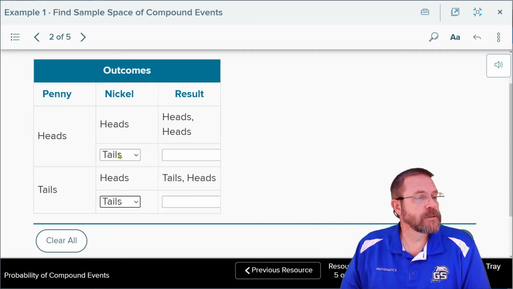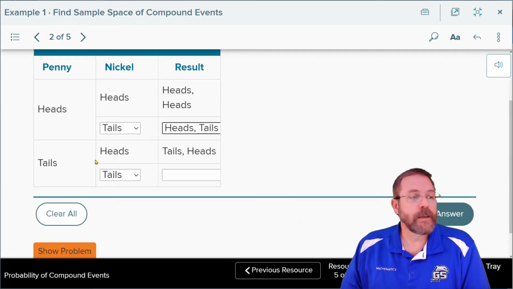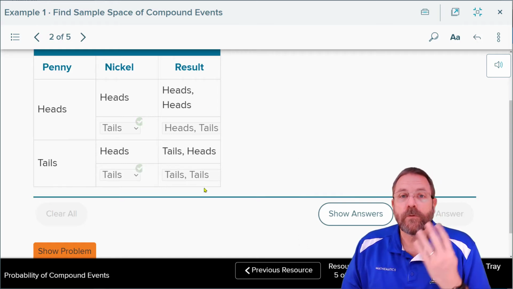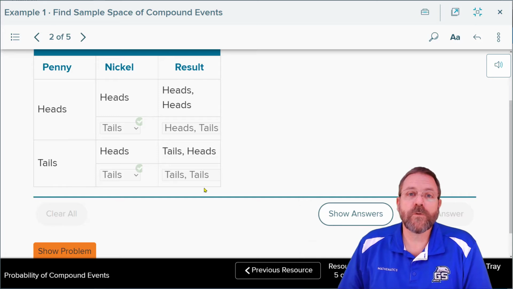Or you could have heads, tails, which gives you heads, tails right there. You could get a tails, heads, which you see as tails, heads right here. Or you could get a tails, tails, which gives you tails, tails right there. Check your answer. That is one really good way of doing it. Making a table. Your sample space is going to be your results outcome. There's 4 possible results for this problem.